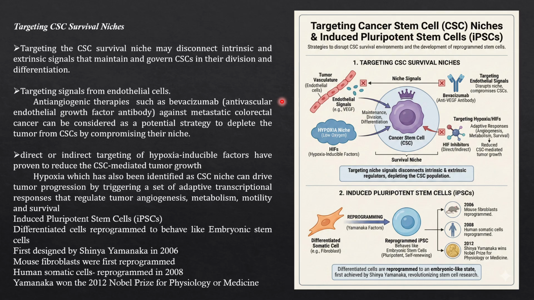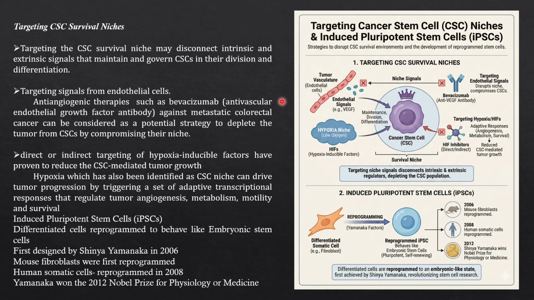This slide highlights how the cancer stem cells depend on specialized microenvironments known as niches for survival, self-renewal, and differentiation. These niches include signals from the tumor vasculature and VEGF, and hypoxic conditions mediated by hypoxia-inducible factors or HIFs. They support the maintenance and tumor progression.